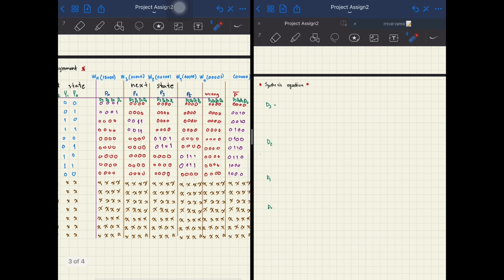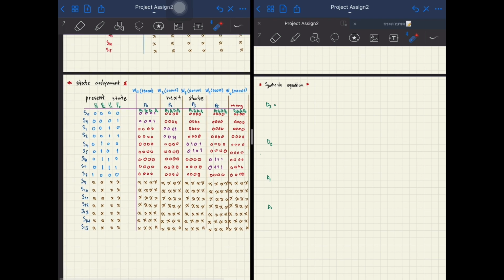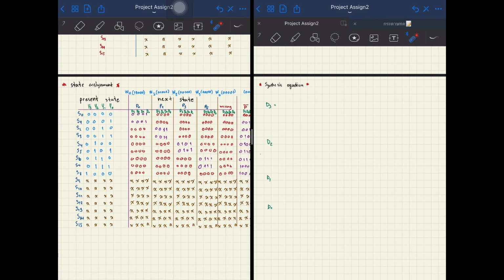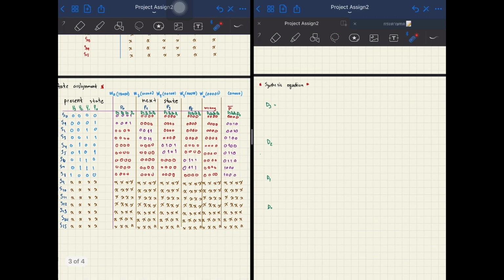And how are we going to do next? We look at which row it is. It is state 7, right? And not pressed.